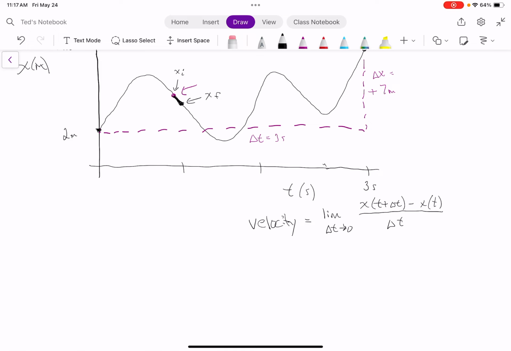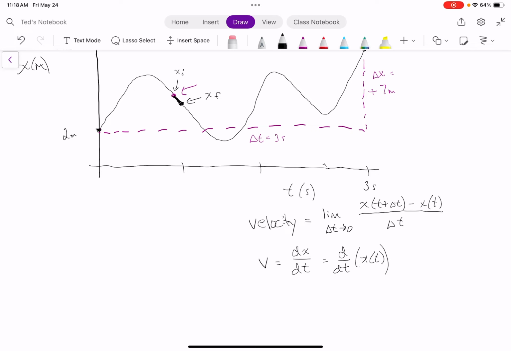And so what this means is that velocity is equal to the derivative of position with respect to time, dx dt. So we can write this several ways. We can write this as the derivative with respect to time of the position function.